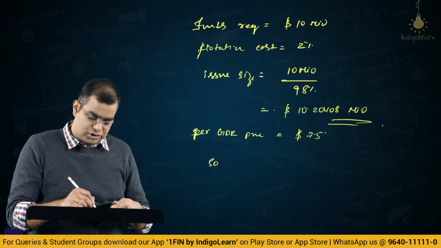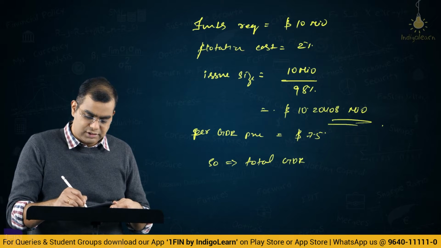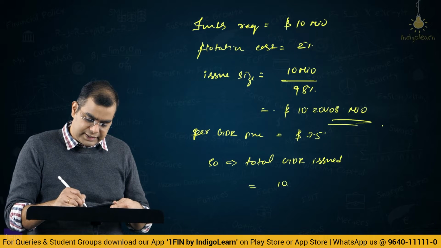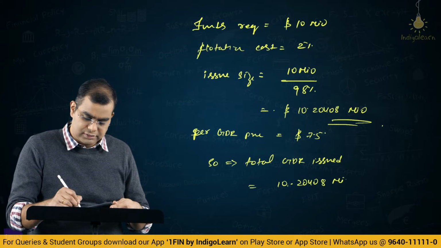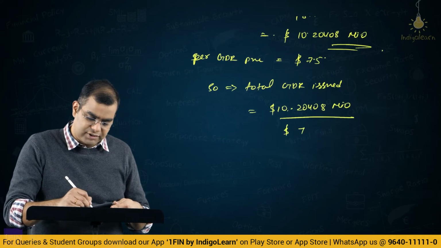So, this implies total GDRs issued is equal to 10.20408 million dollars divided by $7.5.